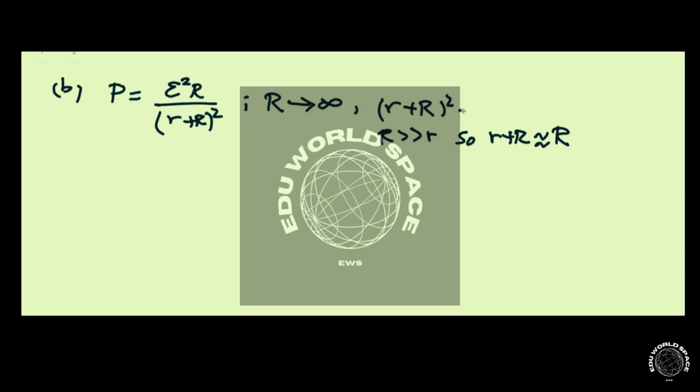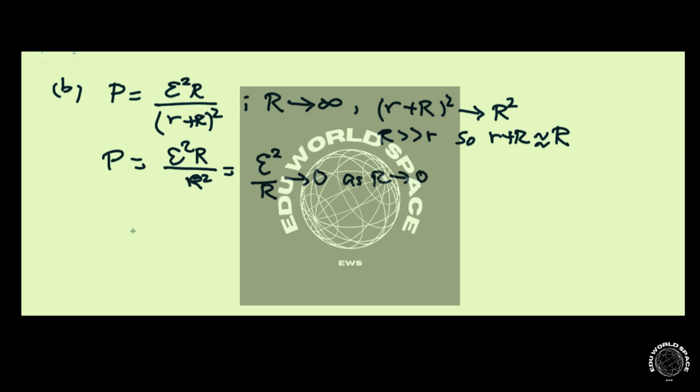So then your denominator just goes to R squared, and your numerator is just E squared R. So P in this case, as R goes to infinity, is E squared over R. But as R goes to infinity, you're dividing this by a bigger and bigger number, so that actually goes to 0.